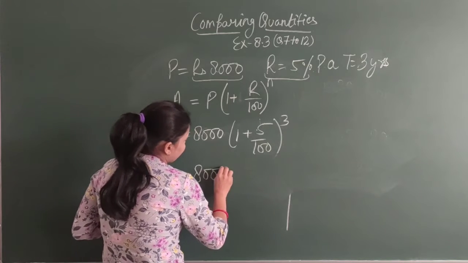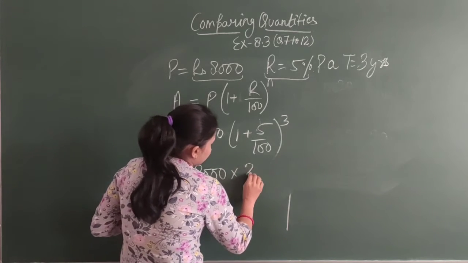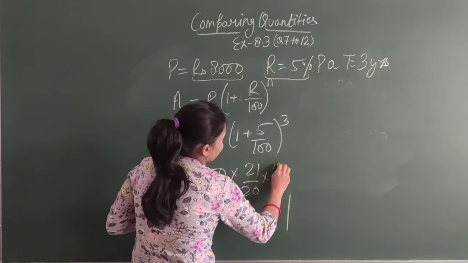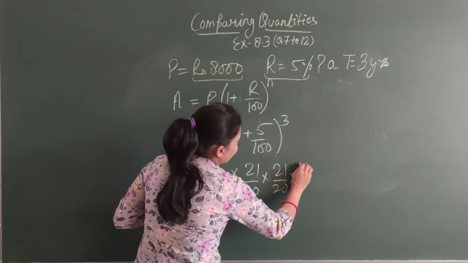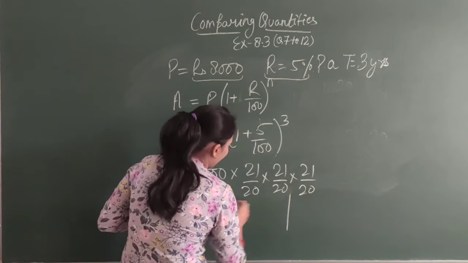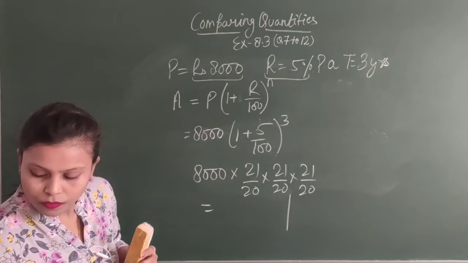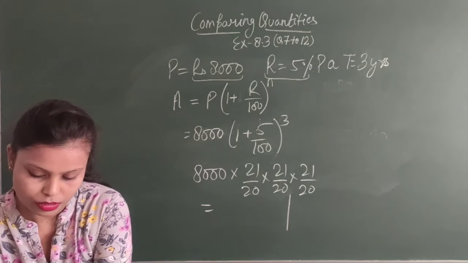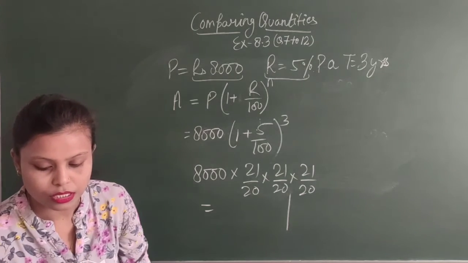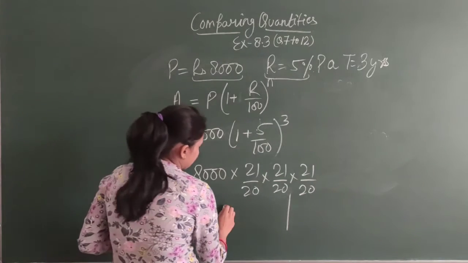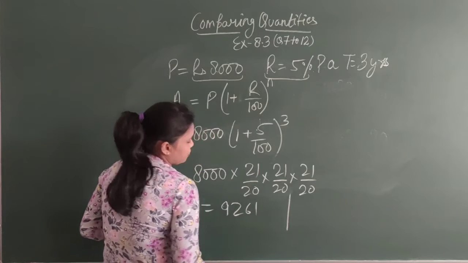On solving we will get 21 divided by 20, 21 divided by 20, 21 divided by 20. On solving we will get 9,261.